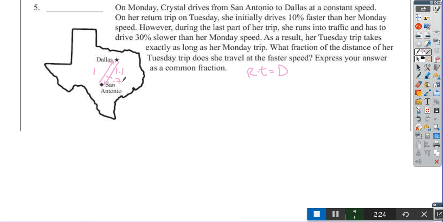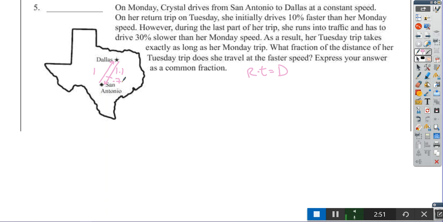So then what I really need to do is figure out a ratio. The question is asking, what fraction of the distance of her trip does she travel at the faster speed? So I'm looking for a fraction of a trip. I know the answer is going to be less than 1, right? If she did more than 1, it'd be more than one trip.